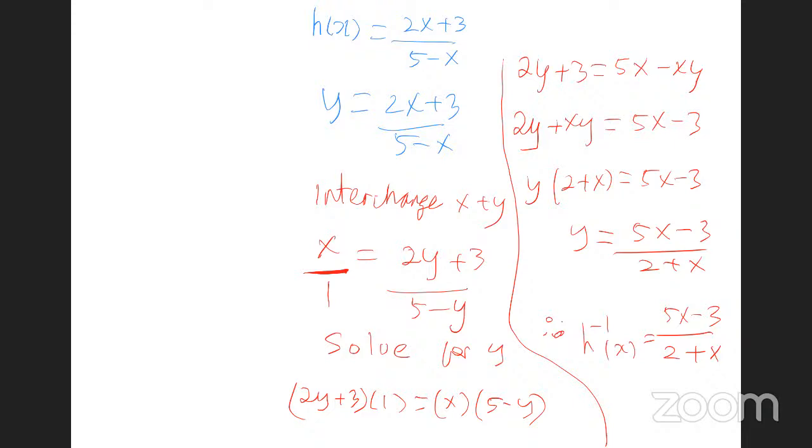That's correct. So if you have 3 minus 5x over minus 2 minus x, correct. What do you get?